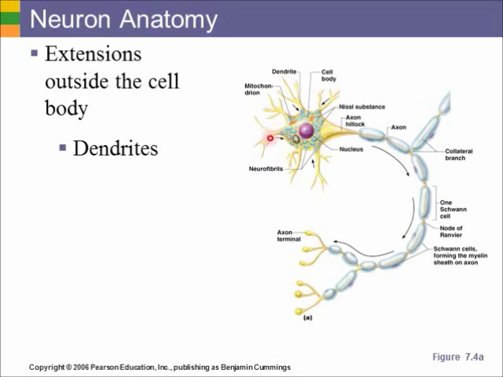Dendrites on this particular one are all these little tiny extensions coming off the cell body. There's many dendrites on a multipolar neuron, and their job is to carry an impulse toward the cell body. I can't overemphasize that. Dendrites carry information toward the cell body.